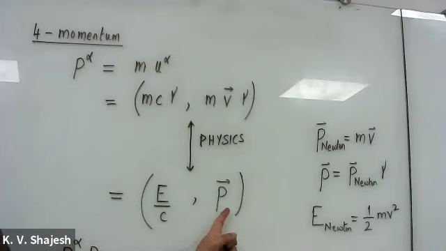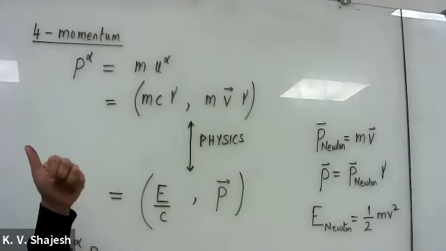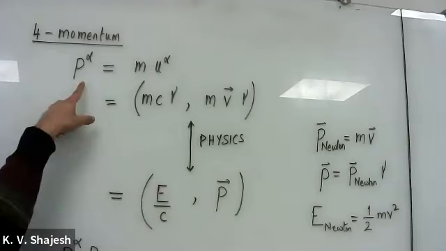The moment you say momentum is a 3-vector and energy is a time component associated with that, these are frame dependent quantities. There is no point in talking about the energy of a particle. It will be different in different frames, because it's only a component. No point in talking about momentum and comparing with a friend, because that won't be the same. So you have to talk about something that is invariant with respect to a frame, and that will be actually the square of this.